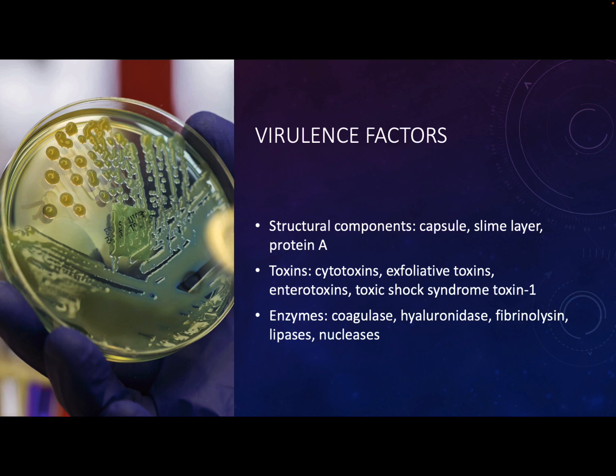And a lot of staph species produce relatively common virulence factors. So they'll produce things like a capsule. Do you remember what the capsule does? Or a slime layer. They kind of do similar things. They're extracellular, right? They're on the outside of the cell.